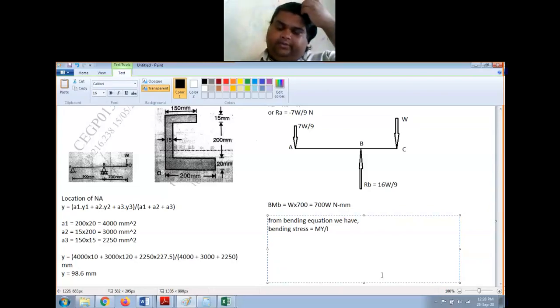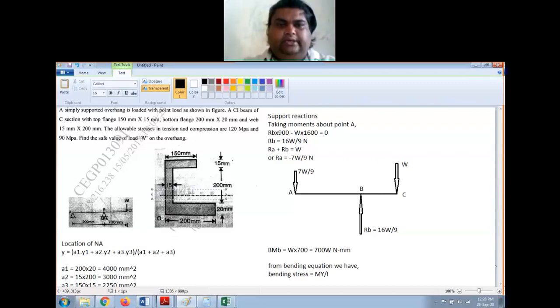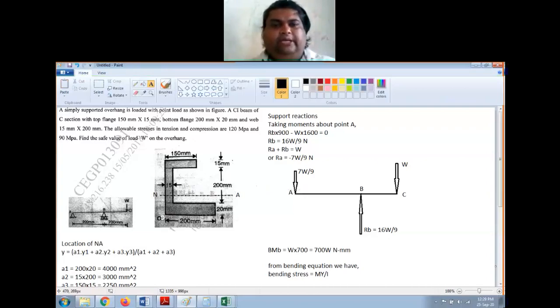You remember it like this, M, y and I. M y divided by I will give me the bending stress. Now here, this is my neutral axis, N A. All the fibers above the neutral axis are subjected to compression. The fibers below the neutral axis are subjected to tension.